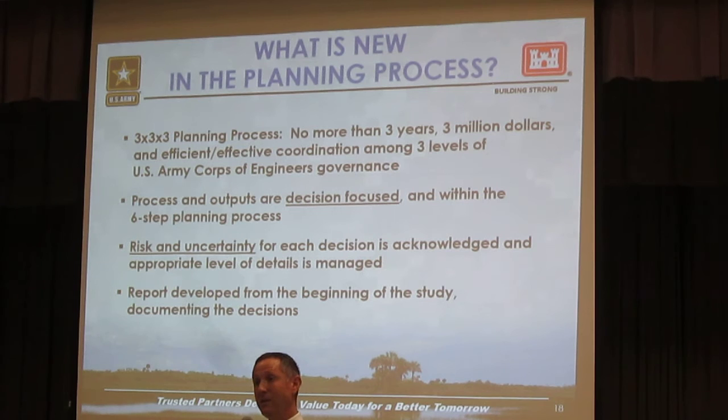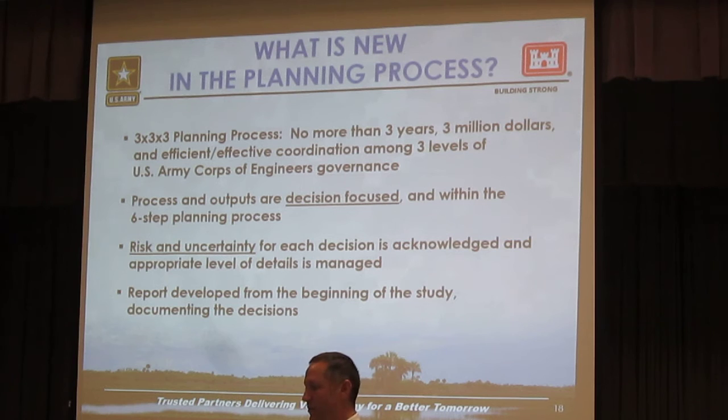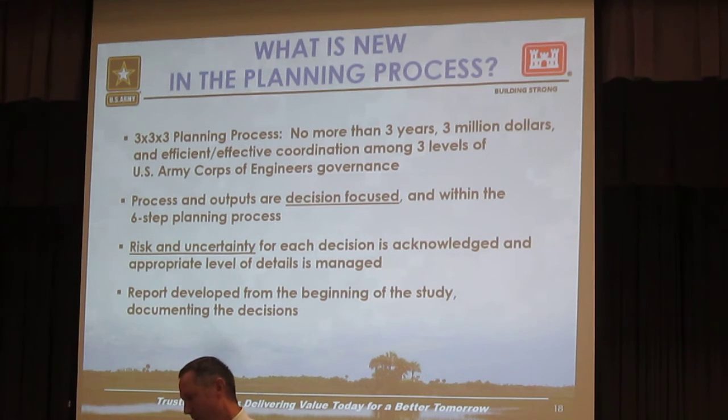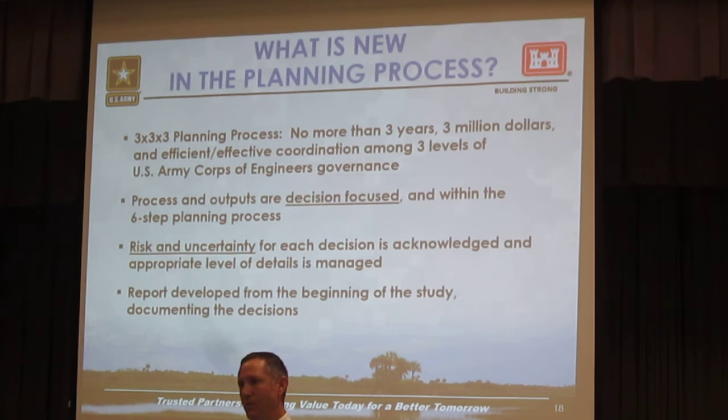As we talked about those 6 steps in the planning process, what are the key decisions that we need to make, and what are those key risks that we might run into, whether it's water quality, or maybe it's seepage issues, or flood control, or threatened endangered species issues that we need to address. Getting the right information at the right time to address them. And ultimately, we're trying to document what these issues are at the beginning and get the right information at the right time so that we can move through the process as fast as we can, but appropriately address those issues.